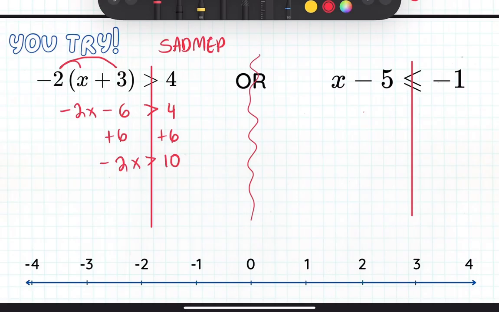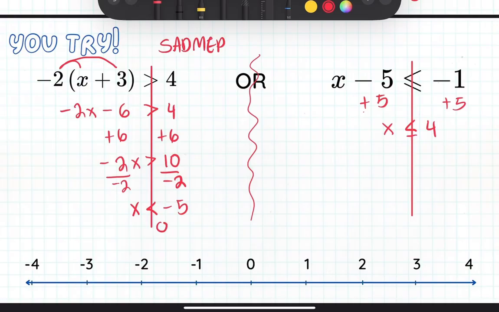Here I'm going to divide by negative 2. But remember, what happens when we divide by a negative? That's right, the sign flips. So we're going to put x is less than negative 5. So it is no longer greater than, it is now less than. Now for the second inequality, I'm going to simply add 5 on both sides, and I get x is less than or equal to 4.